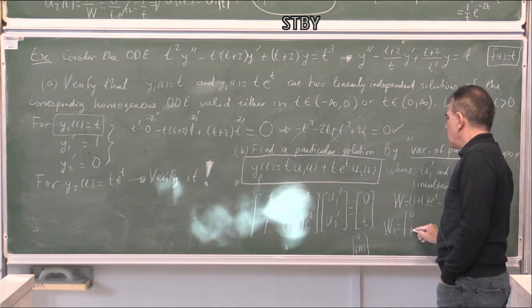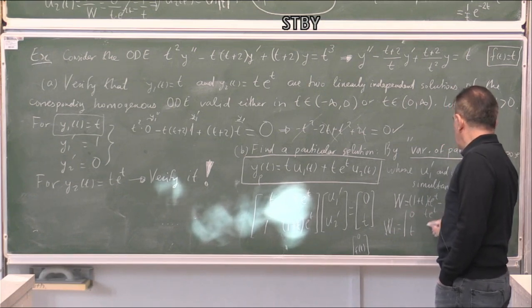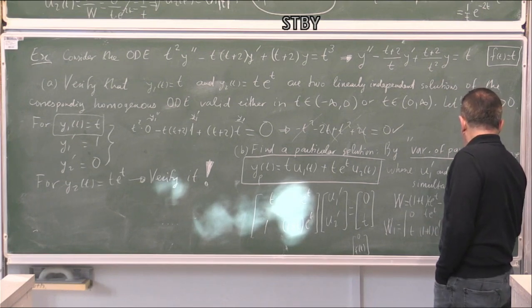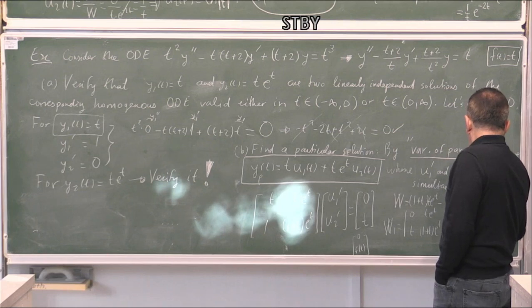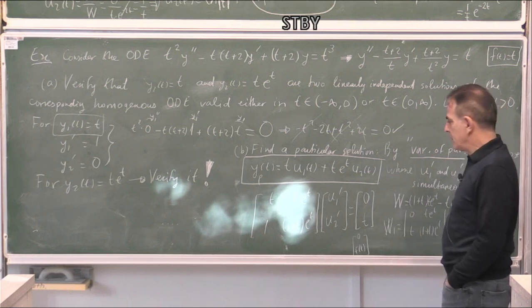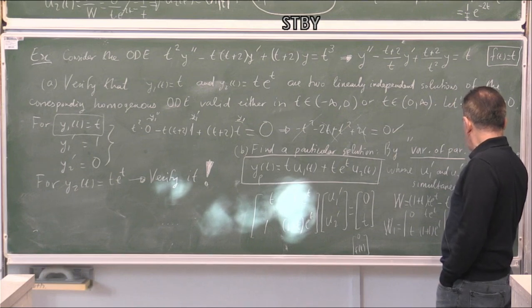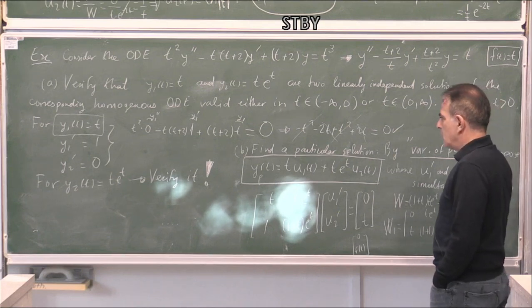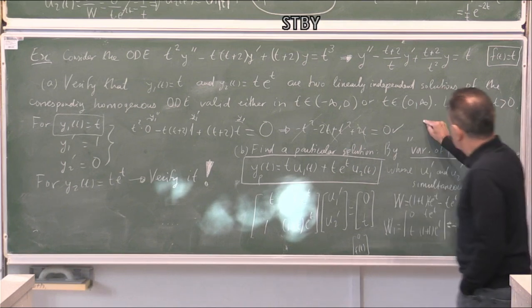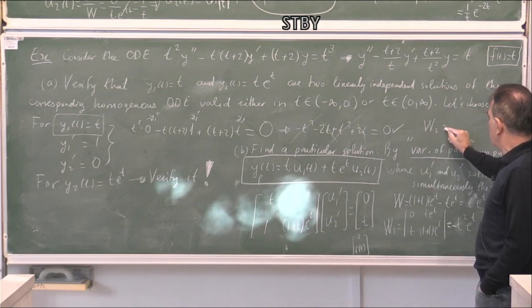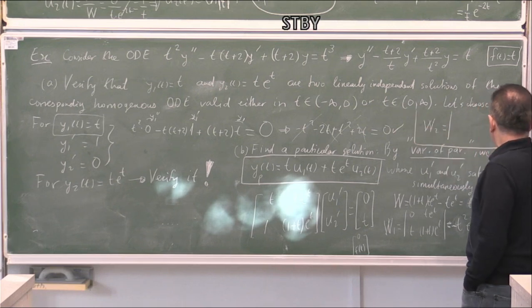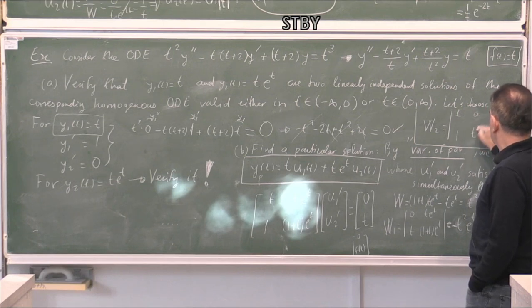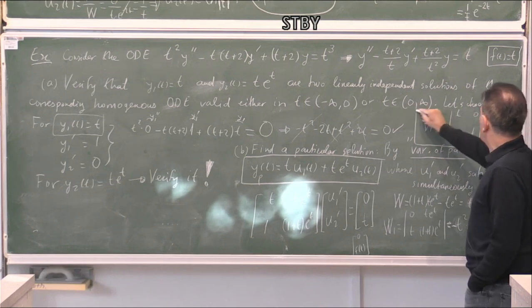Okay, omega 1, what is omega 1? It is the determinant with 0, t, t e to power t, 1 plus t e to power t. So it is minus t squared e to power t. And what about omega 2? Omega 2 is this determinant, t, 1, 0, t, so it is t squared.